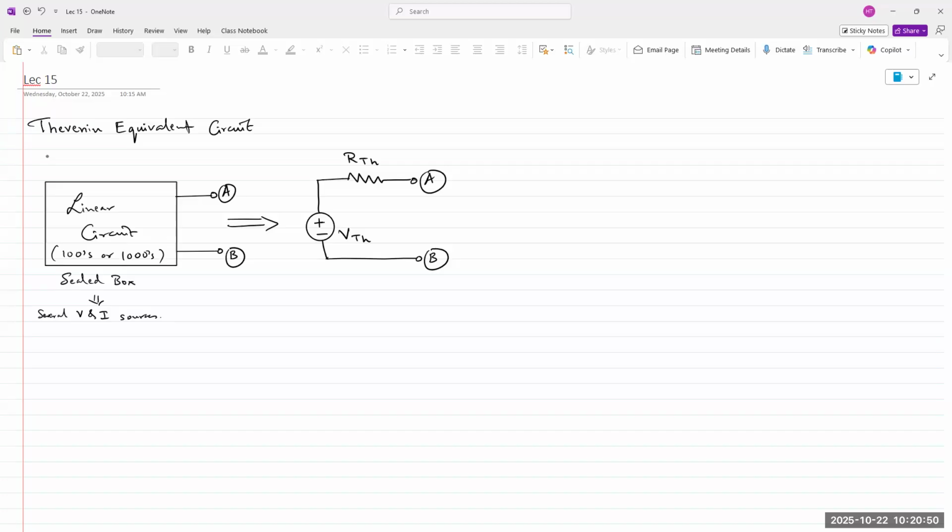It's an equivalent circuit, a representation of a much larger circuit. We have one single resistance, and this circuit has hundreds of thousands of resistors. And we are finding one single resistance between two terminals. Where have you done that before? Beginning of chapter 2, to find REQ. You find REQ of a circuit, that is a Thevenin resistance. So again, it's not something new. It's something you've already done before.